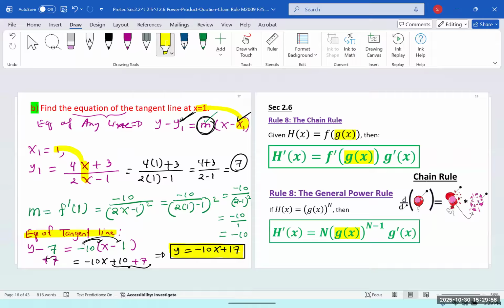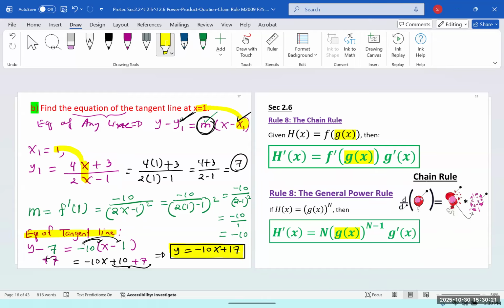And then times derivative of the inner function. So product rule use plus sign, quotient rule use minus sign, but chain rule use multiplication sign. So f prime of the g times the derivative of the g function.